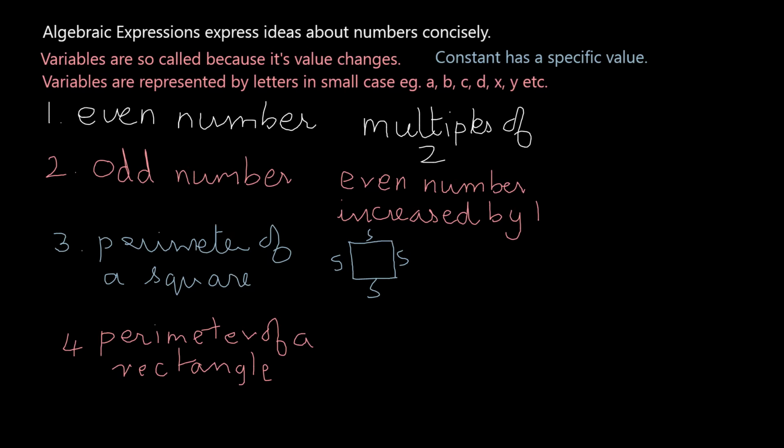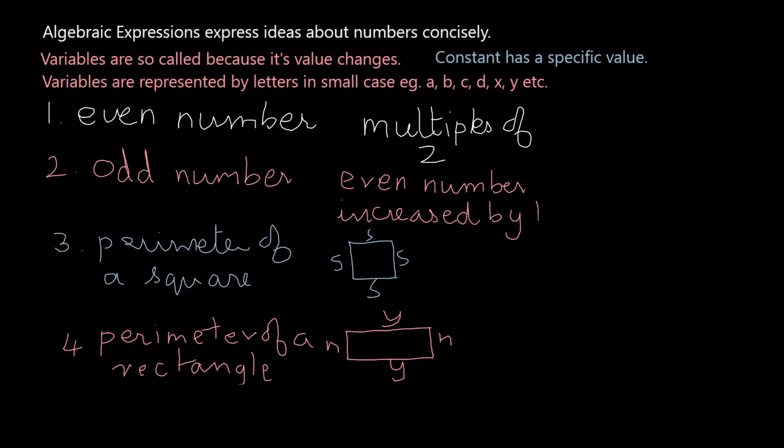A rectangle, as we know, has opposite sides of equal length. So I'm going to call this n, and this y, and this y. Now let's think for a while and then come up with all these expressions.